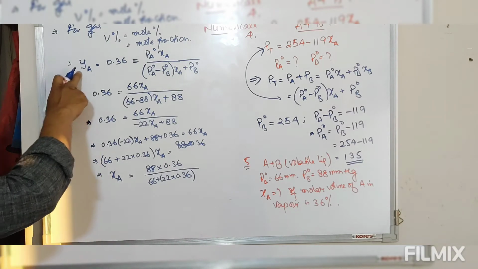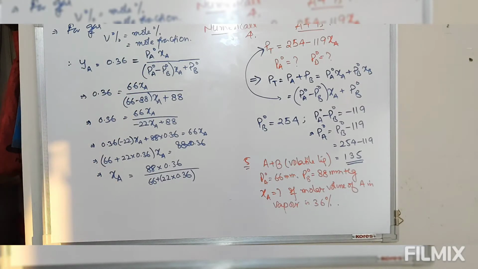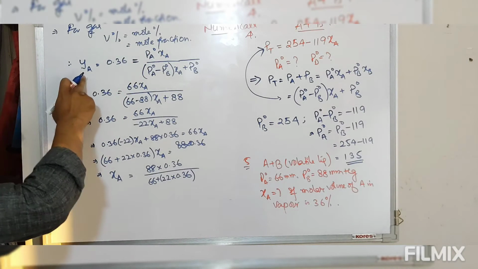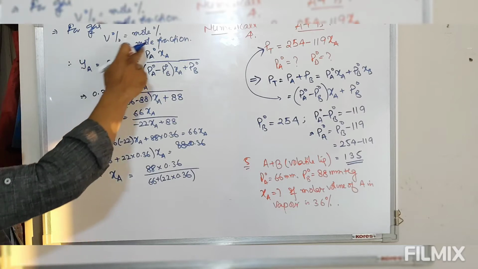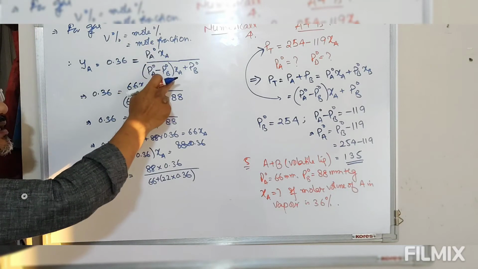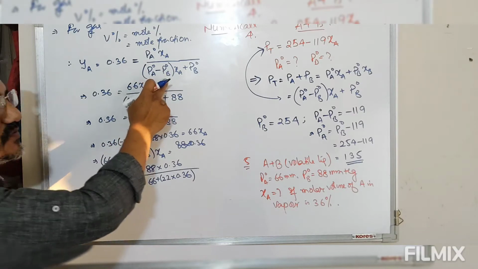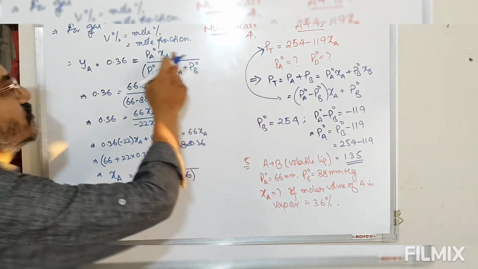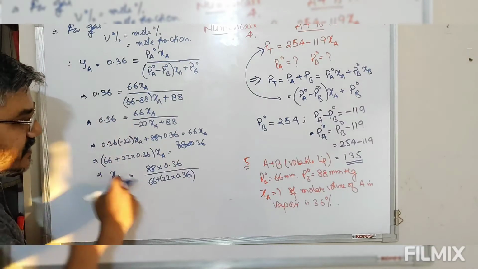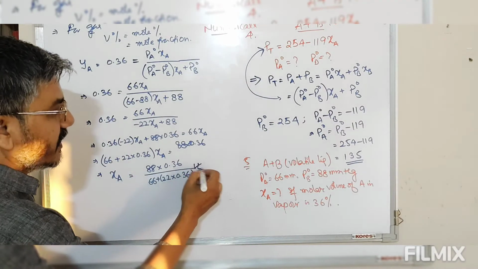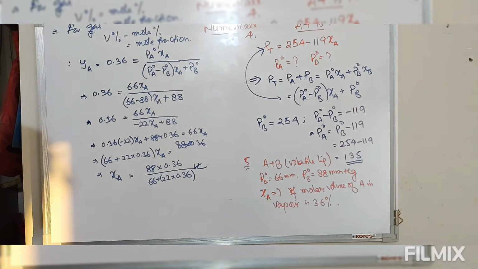Again, we are using Dalton's law. The mole fraction of A is equal to the partial pressure of A divided by total pressure. The total pressure is expressed in terms of the mole fraction of A. So just by solving this, we'll get the mole fraction of A in the solution, whose molar volume is given as 36% in the vapor phase.